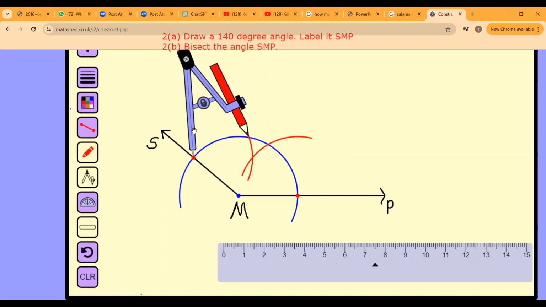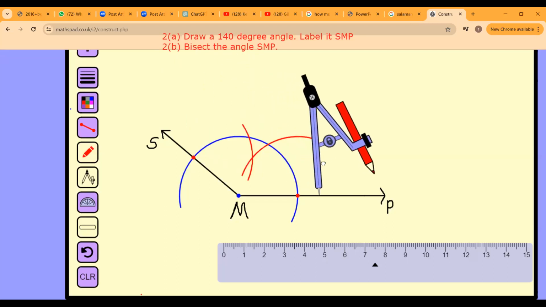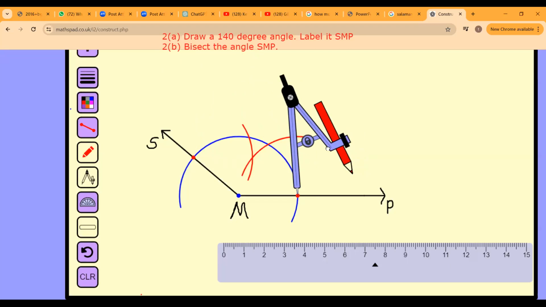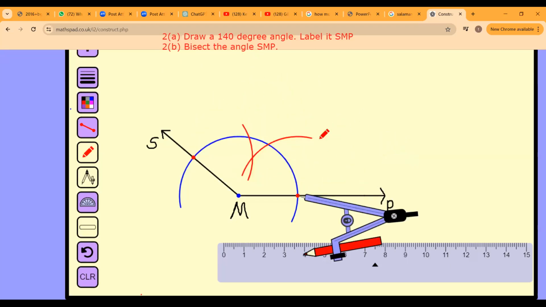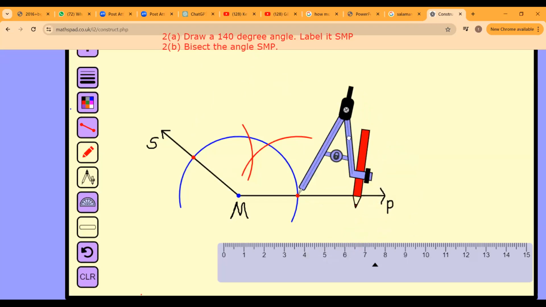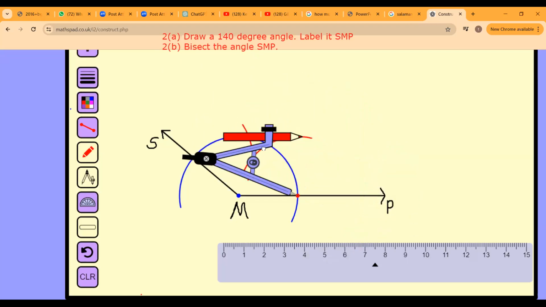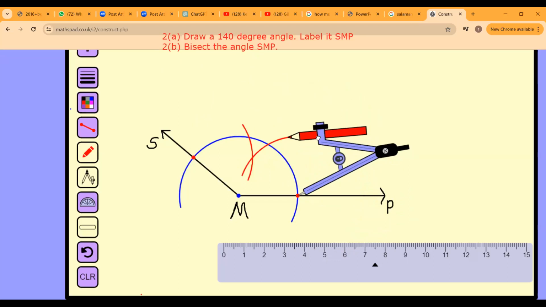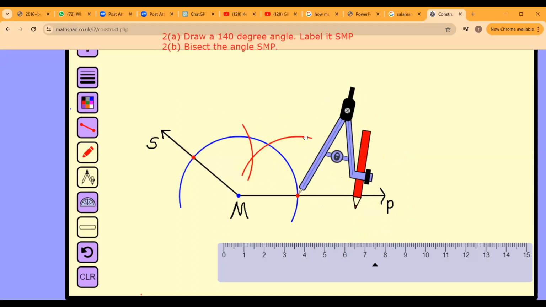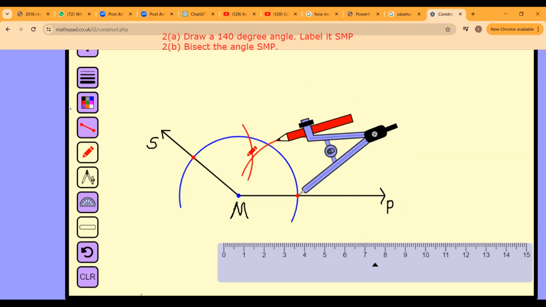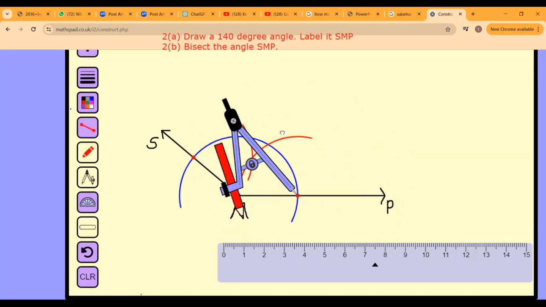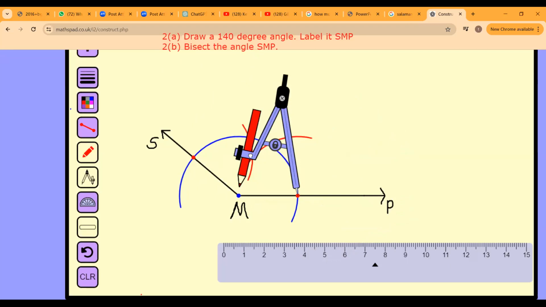So we took our compass and we drew an arc that goes in this direction. Oopsies. This compass playing games, oh my goodness.